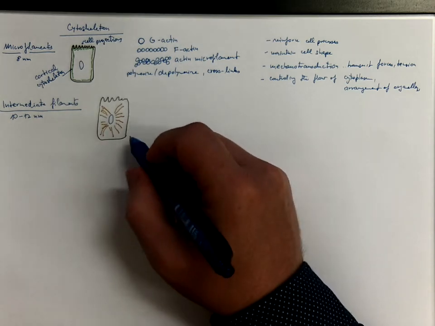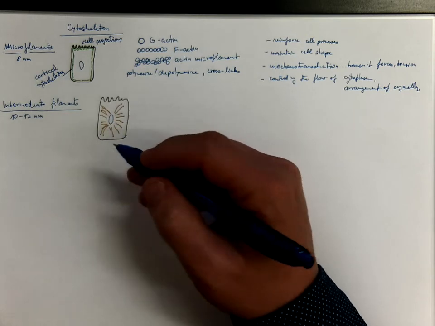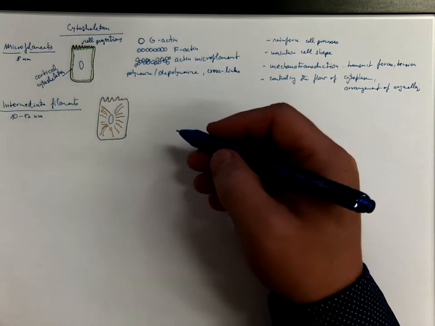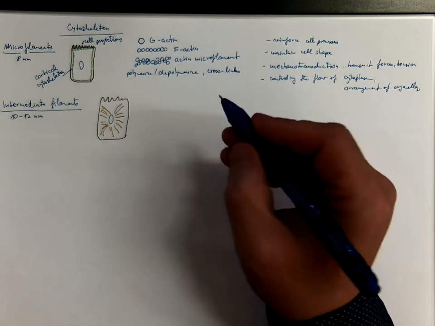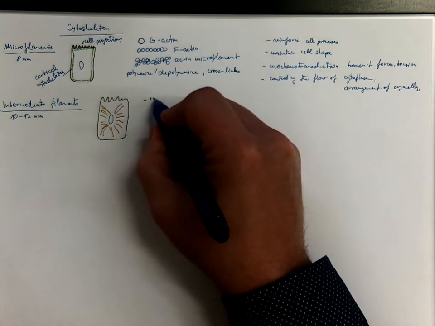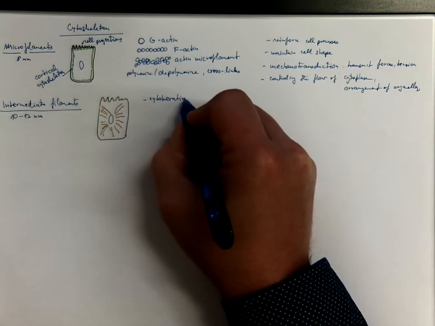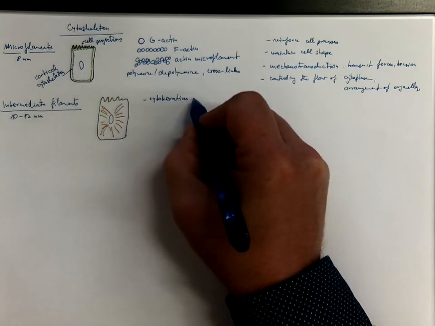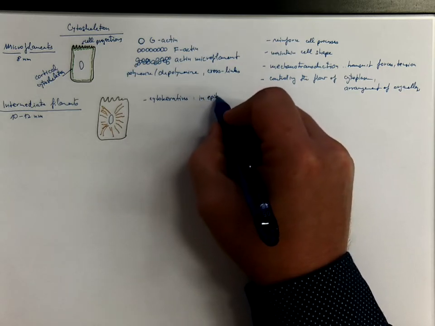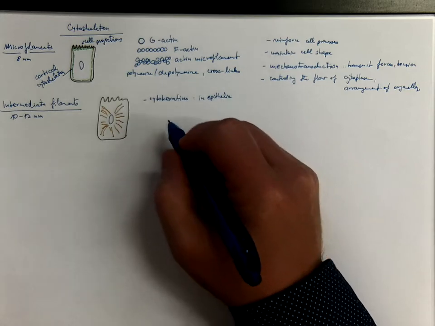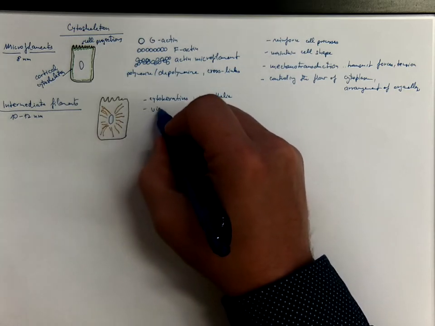And we have various types of intermediate filaments that are often tissue specific, which is used in diagnostic histopathology. So, for example, cytokeratins are intermediate filaments typical in epithelia. Another intermediate filament is vimentin.